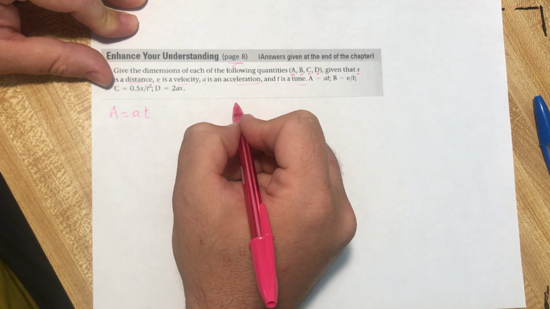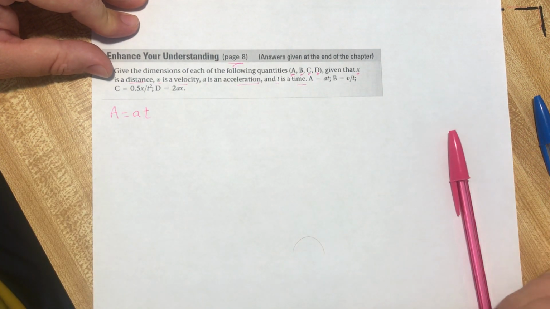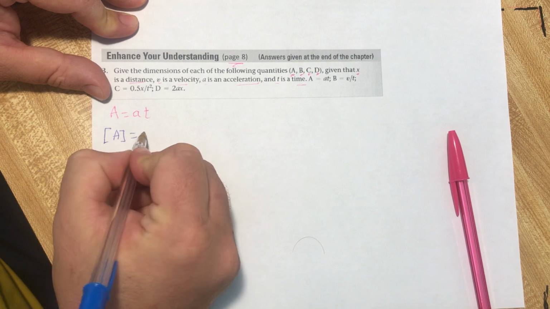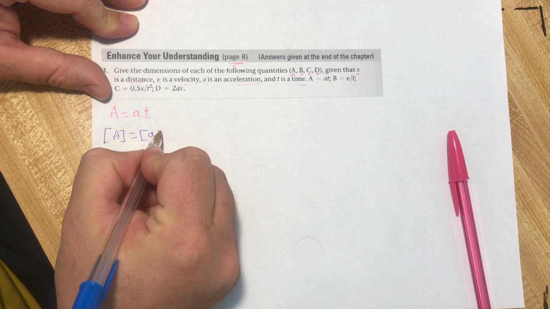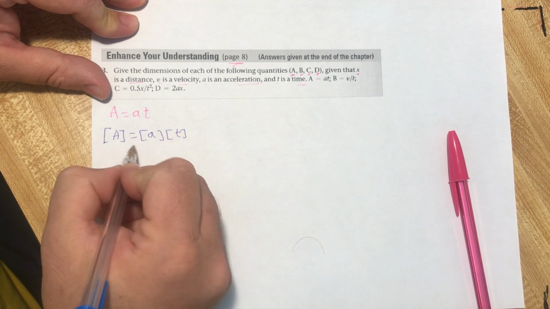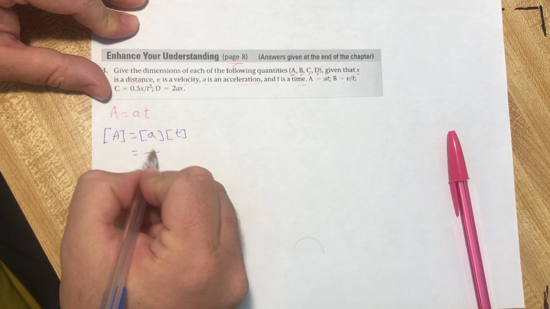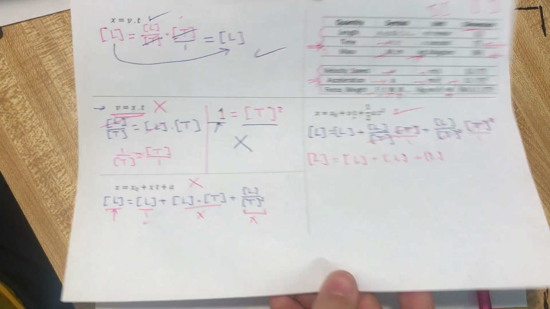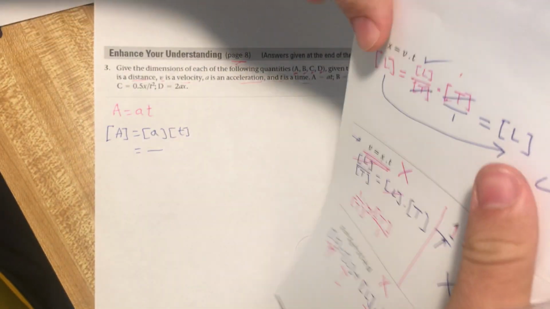B, I will work with this one at first. Okay, the dimensions of A is equal to the dimensions of the acceleration multiplied by the dimensions of the time, which is equal to, I can look at the table now. I am new in physics.